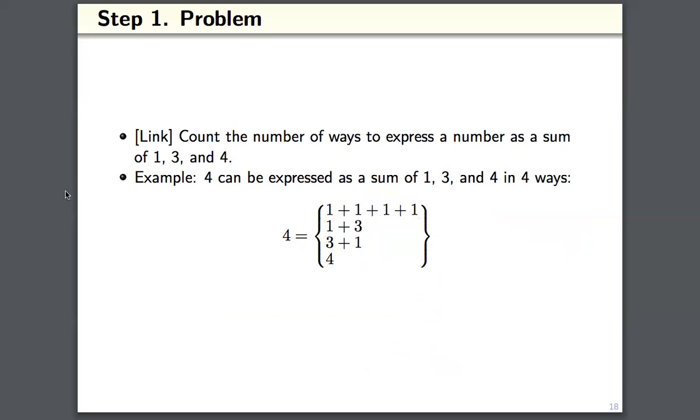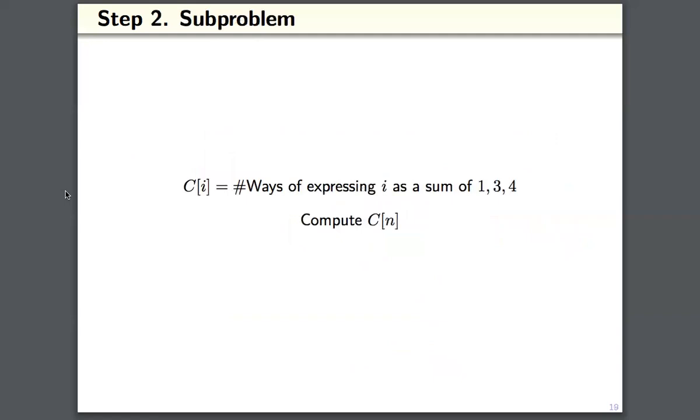Now, let's look at the subproblem. Suppose you're given I. Here we want to find the generic subproblem. Let C of I denote the number of ways of expressing the natural number I as a sum of 1, 3, 4, where permutations of these numbers are allowed.